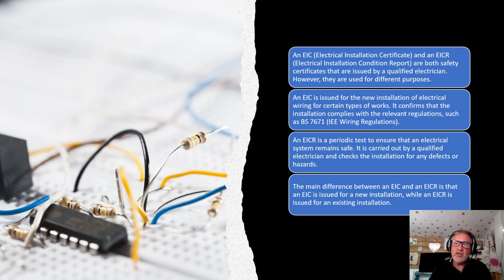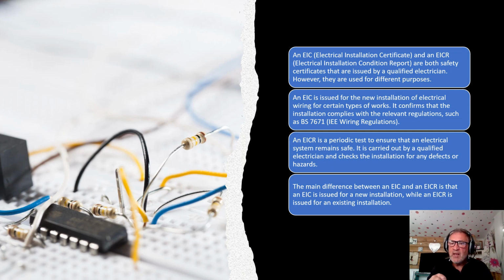Now, an electrical installation condition report is a periodic test, again carried out by a qualified electrician, just to ensure that the system is safe. It may be that as an apprentice you are involved in EICRs, condition reports, and you may produce a condition report in your portfolio.